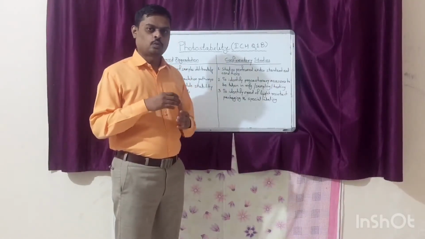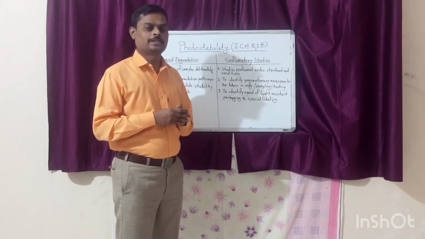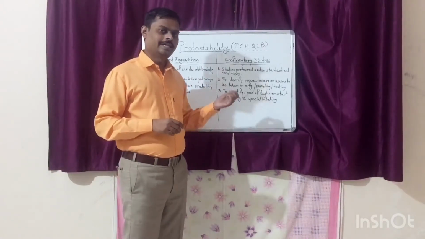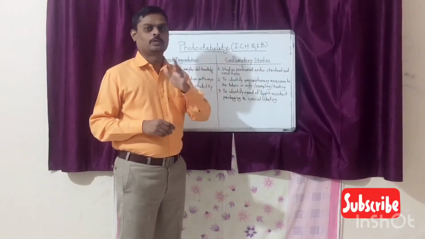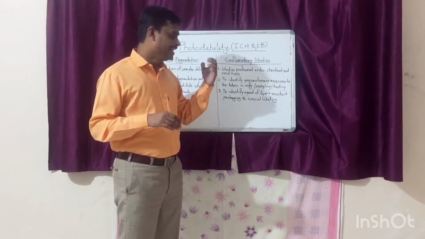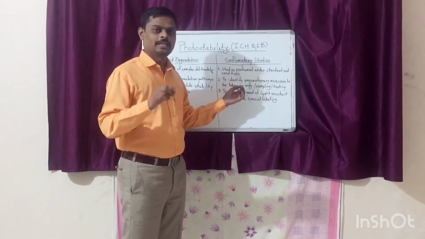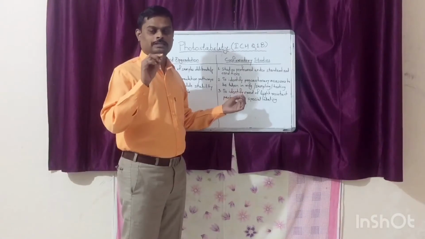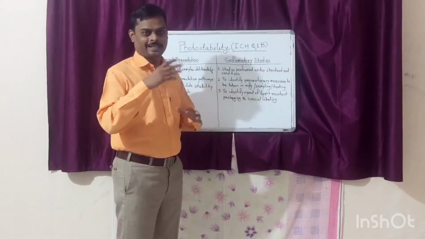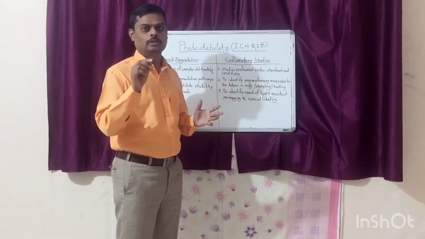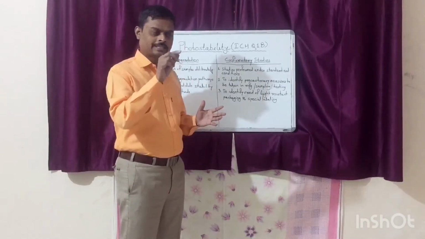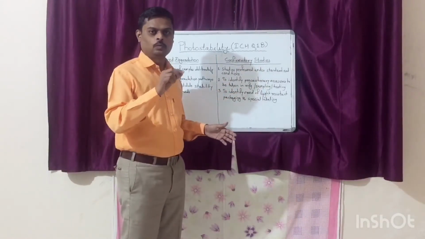Another way to determine the exposure time is to calculate it manually based on the intensity and energy of your photostability chamber. For example, if the intensity of your photostability chamber is 50,000 lux, how much time will it take to provide the overall illumination of 1.2 million lux hours? 1.2 million means 12 lakh. 12 lakh divided by 50,000 is equal to 24.